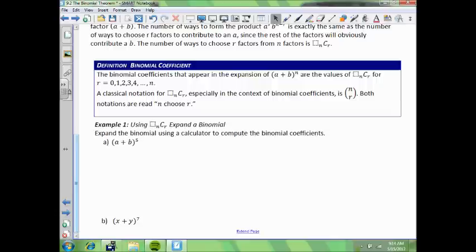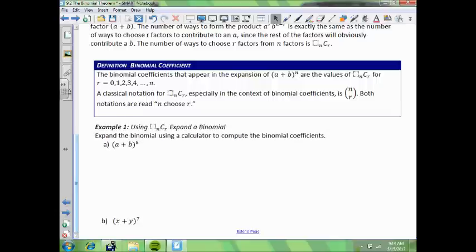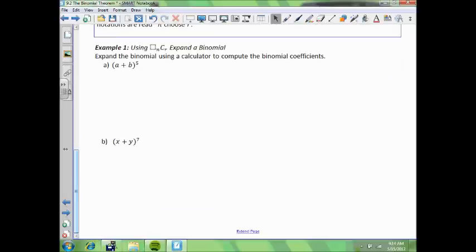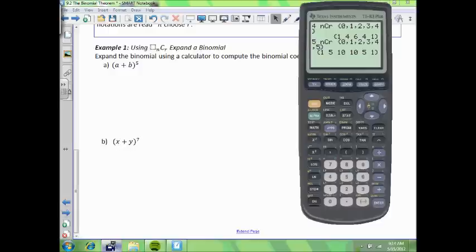So if we look here at example 1, expanding a binomial. Expand the binomial using a calculator to compute the binomial coefficients. So here's what we're going to do. We need the fifth power. We already did that: 5 choose r, 0 through 5. So those are my binomial coefficients.